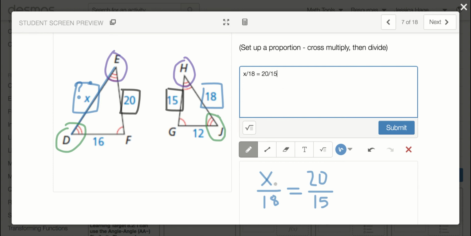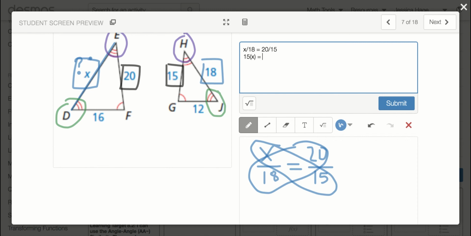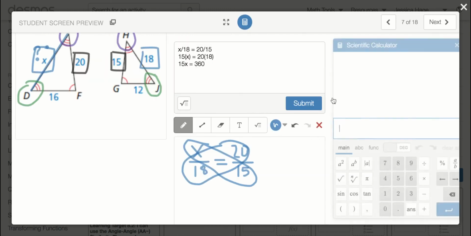So to solve for x, we're looking for a number that would be in the same proportion, in the same ratio as 20 over 15. So we're going to cross multiply. And so we have 15 times x equals whatever 20 times 18 is. And so 15x equals 360. And you have your calculator here.